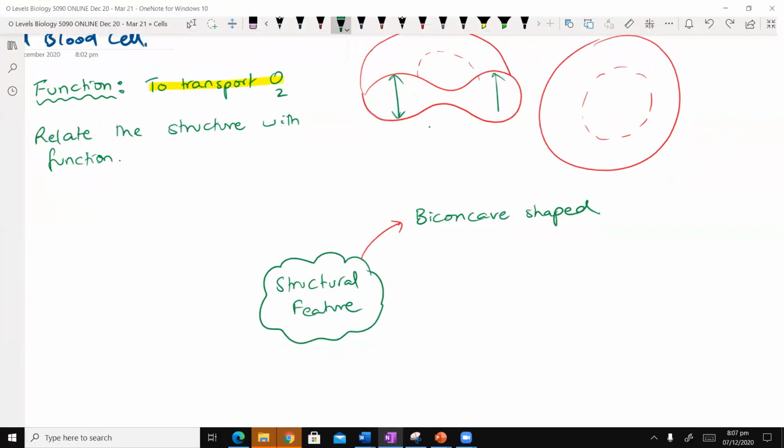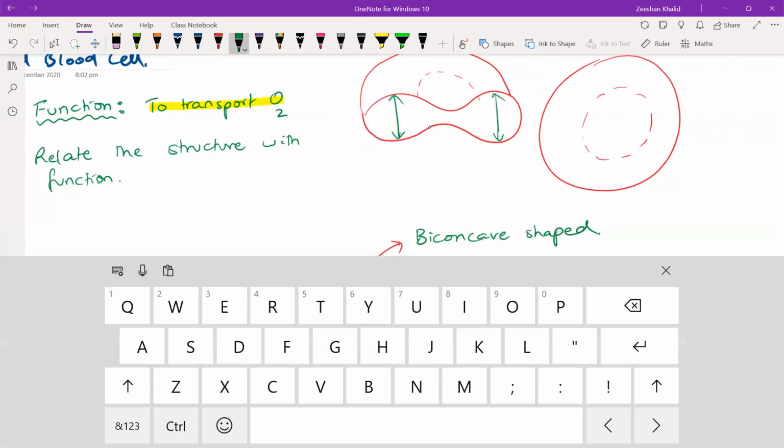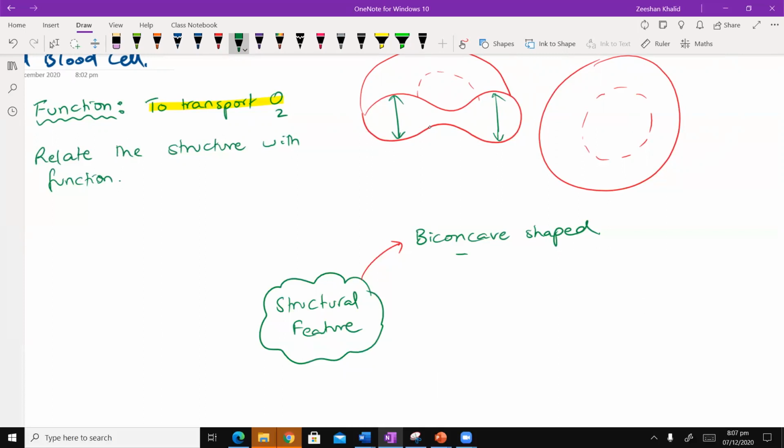Biconcave means the following: thicker at the edges and thinner in the middle. That is exactly how you would describe in words what biconcave shape means.